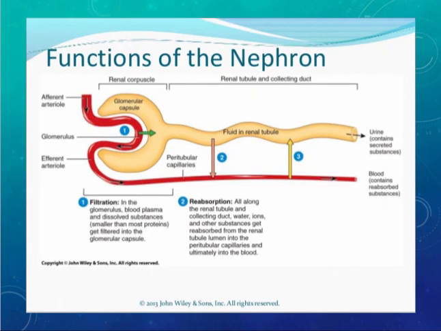As I mentioned, this is the same kind of thing, function of the nephron. The big things I already mentioned: filtration. Filtration in the glomerulus is basically the filtering unit. Reabsorption occurs along the renal tubule, and this is where the transport, secretion, or reabsorption of fluids and electrolytes takes place. You could have a deficit or a dysfunction in any portion or all portions of the nephron or the kidney.